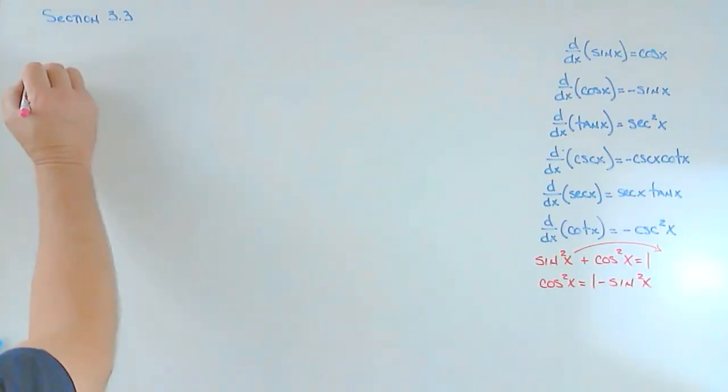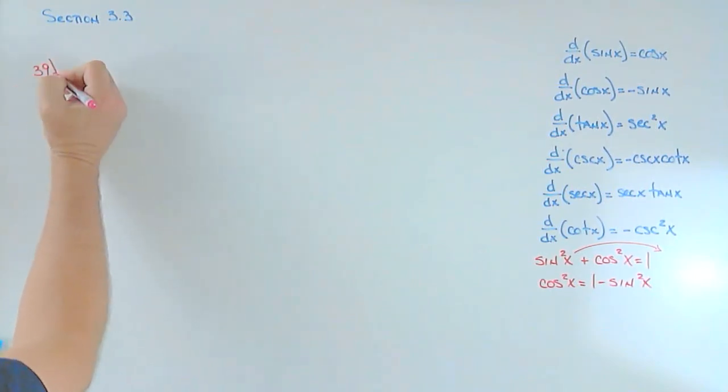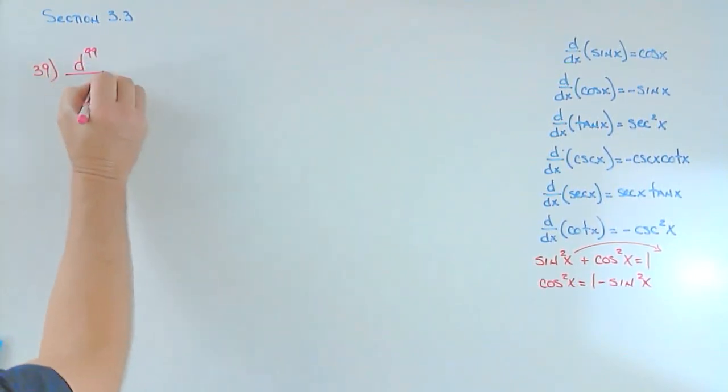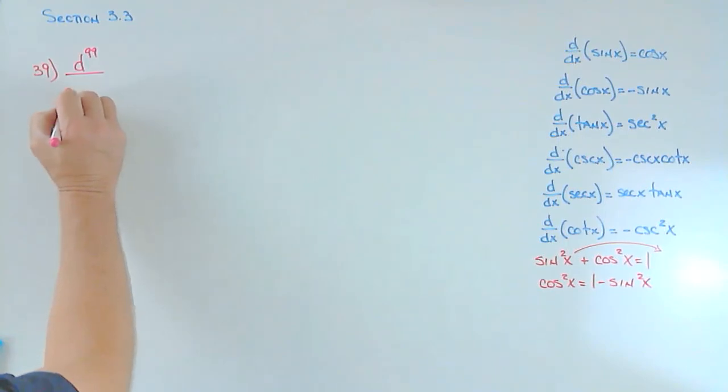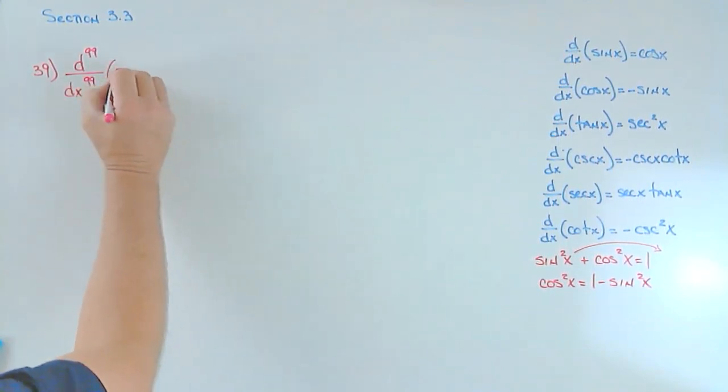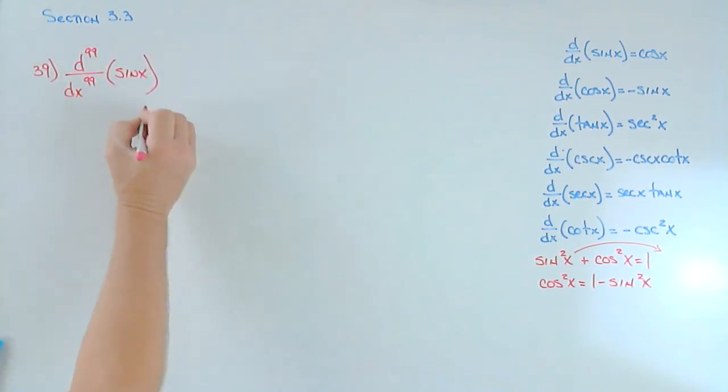Problems like this usually drive students crazy. They want us to find d99 over dx99 of sine x. They want us to find the 99th derivative of sine.